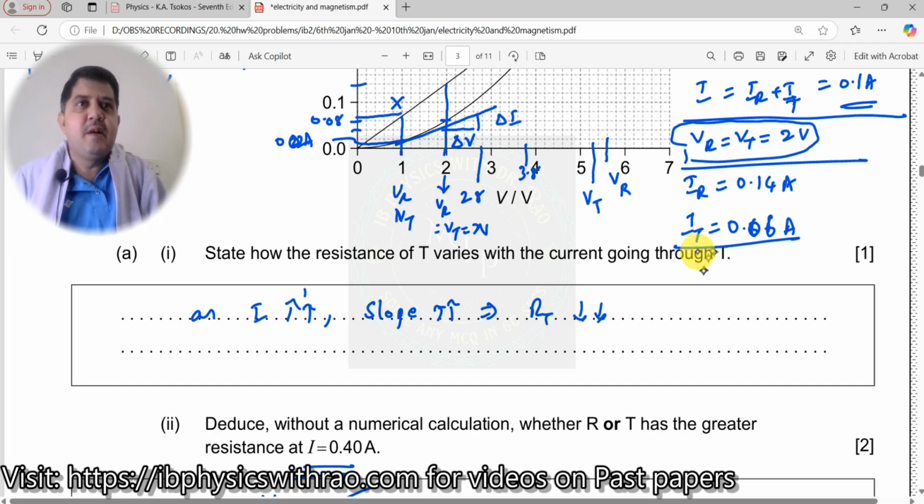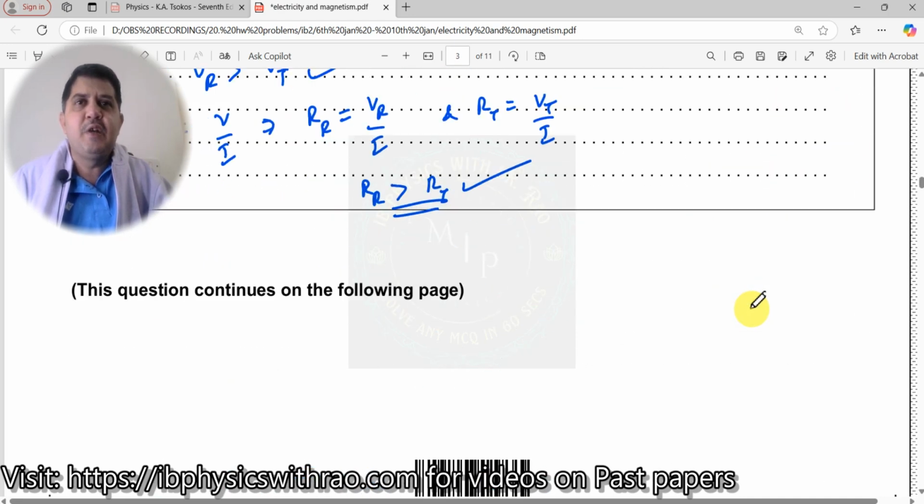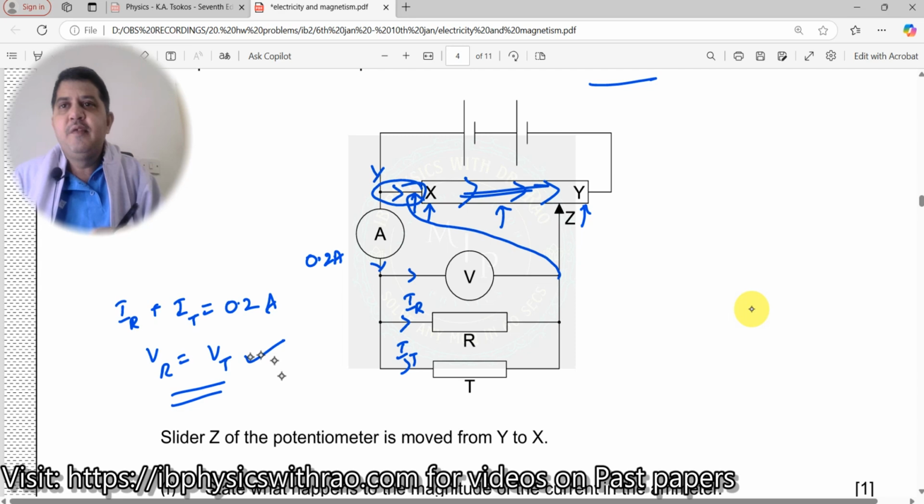Now if I take the sum of these two, what do I get? I get 0.2 amperes. This is what is required, right? So go back to this: VR equal to VT equal to 2 volt, and total current to the ammeter is 0.2 amperes. Why IR plus IT, if you ask me? That is nothing but the total current observed in the ammeter.